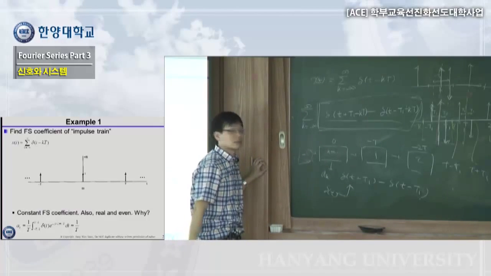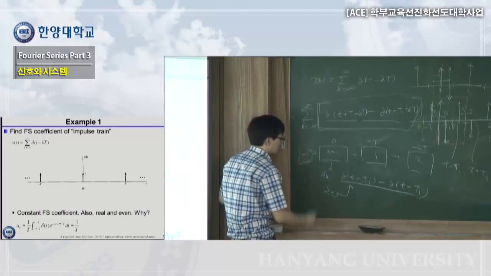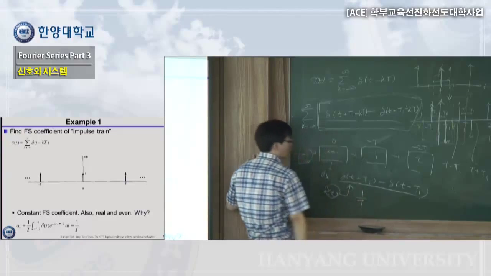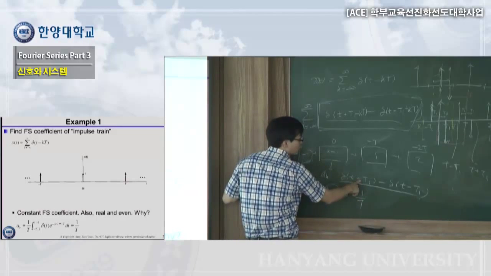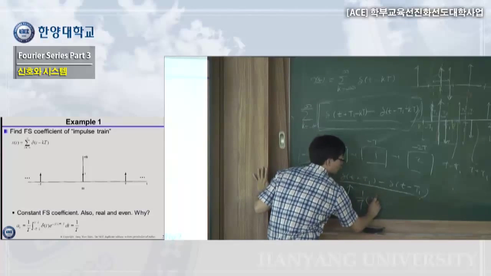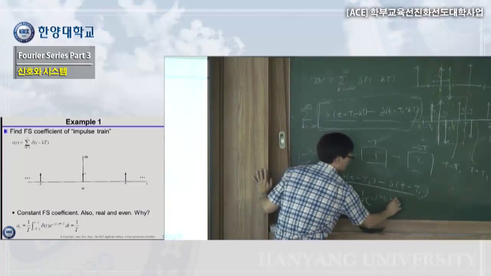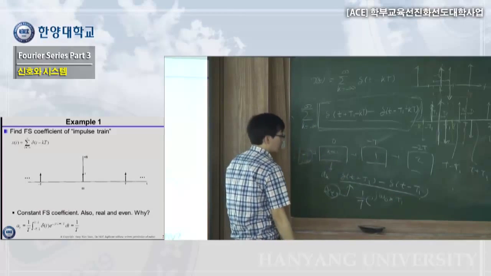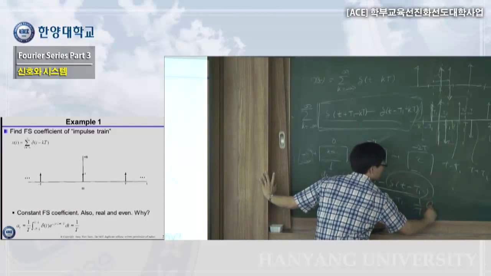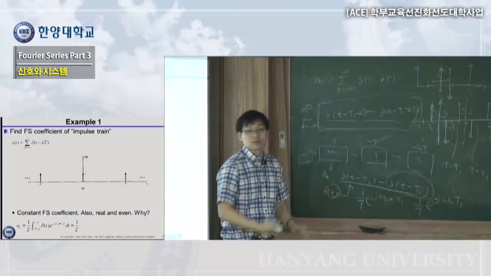So to find the Fourier series coefficient of this, you can calculate: delta's Fourier series coefficient is 1 over T. This is the time-shifted version by plus t1. So we have exponential j omega 0 k t1, and this one is 1 over T e to the j omega 0 k t1, with minus, because of the time shifting property.